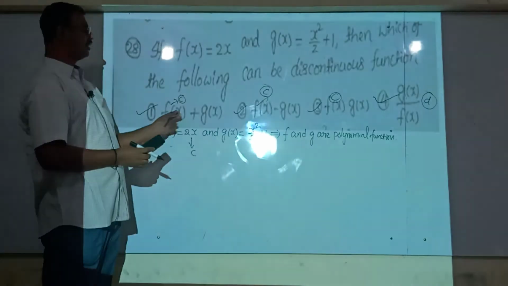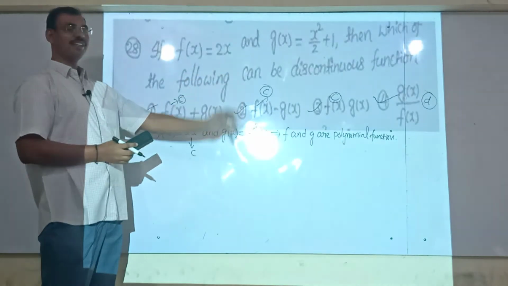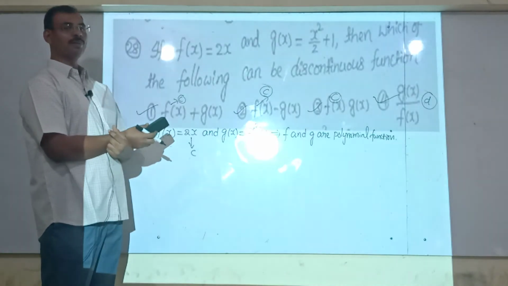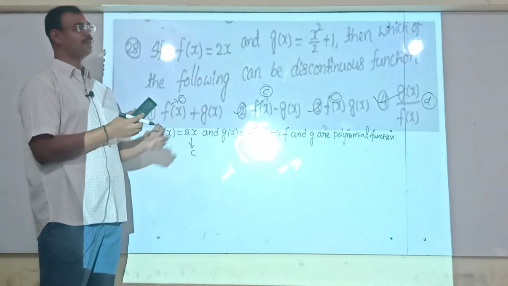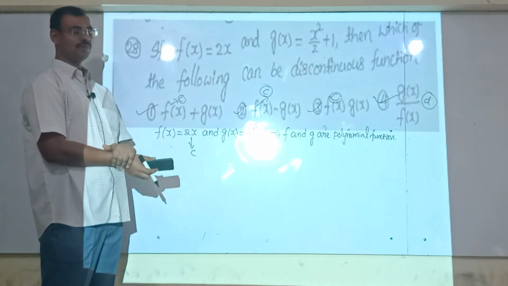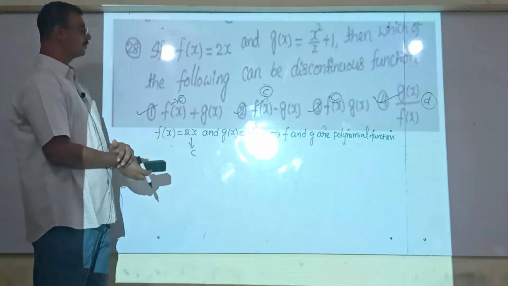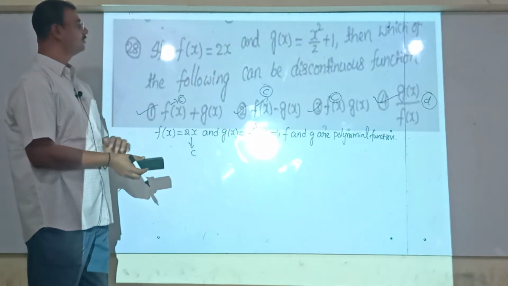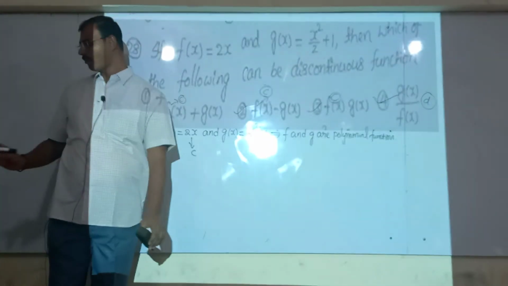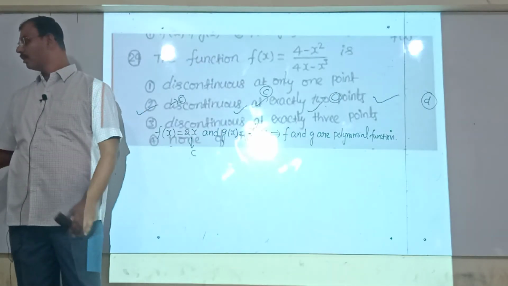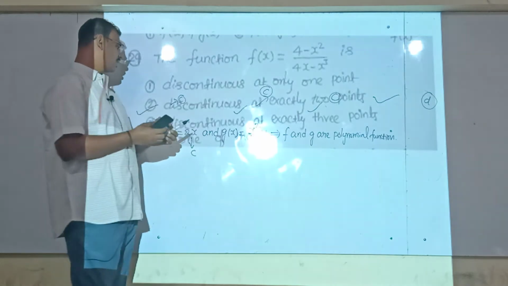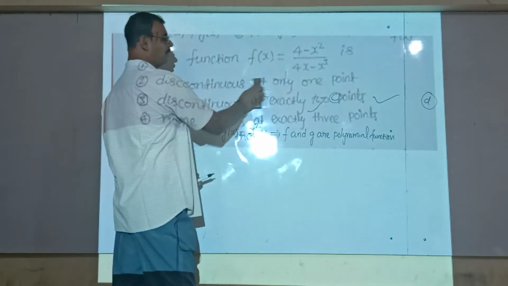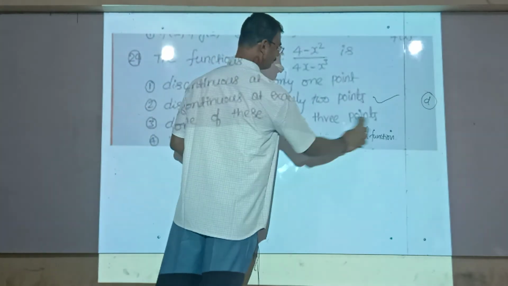So based on the property, he has given one question. Read all the properties very carefully, and all the notes are also important. Be thoroughly aware of these things. Clear? Remember, every polynomial is continuous everywhere. Next question. So in our problem, it is option number 4.